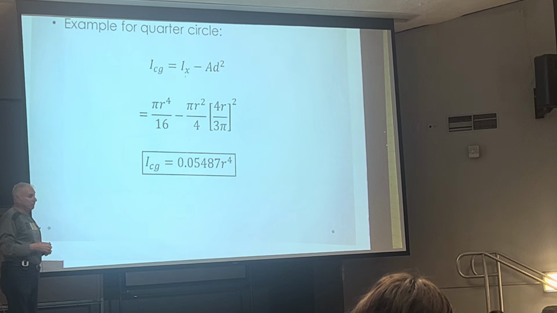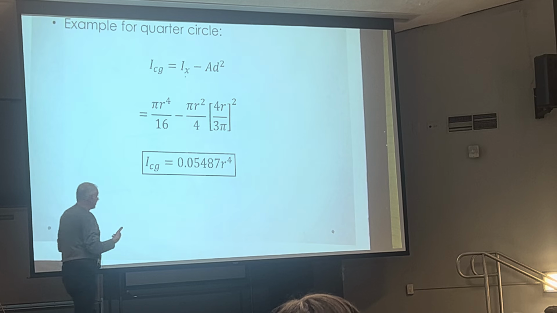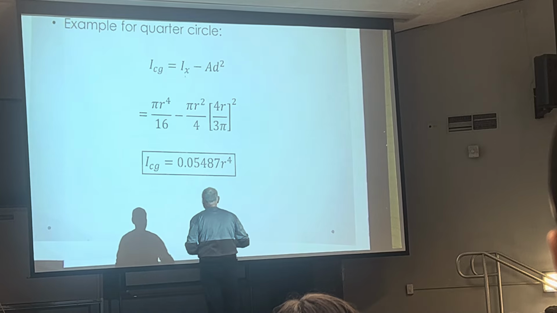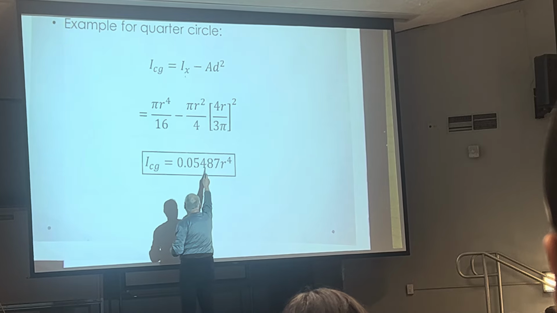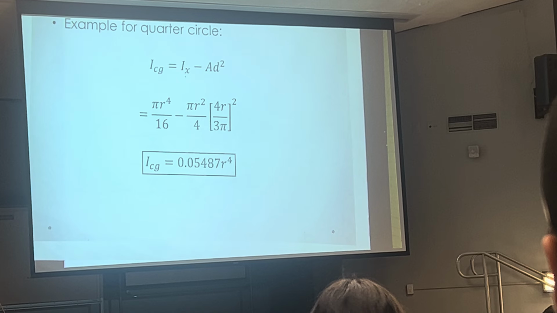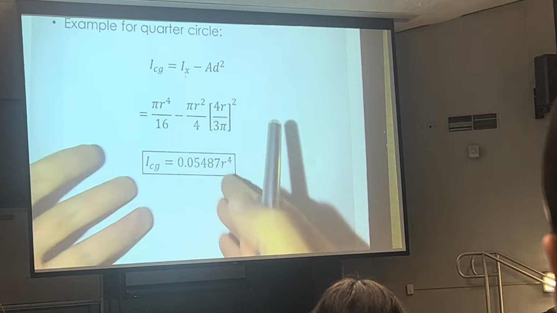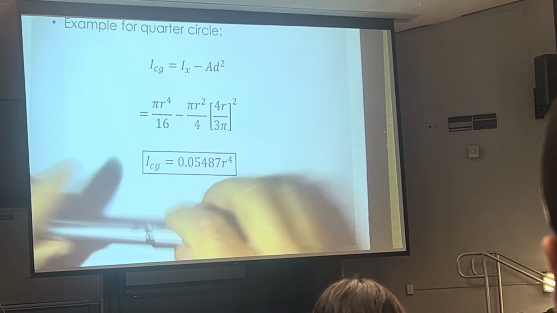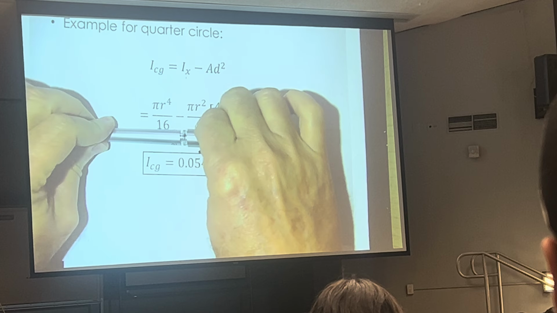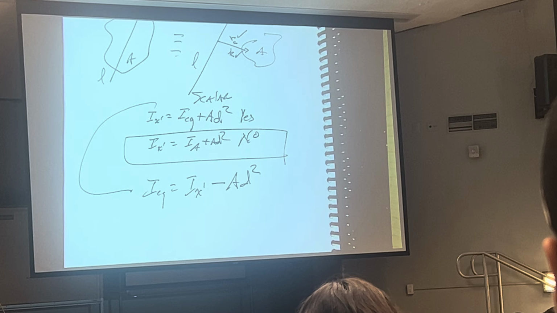Minus A, quarter circle is pi r squared over 4. And the distance happens to be the same, 4 over 3 pi. Mishmash these numbers and you're going to get 0.0548887, somewhere in there, r to the 4th. So I've just used the parallel axis theorem to transfer from the base of a semicircle and quarter circle to the centroid of it.